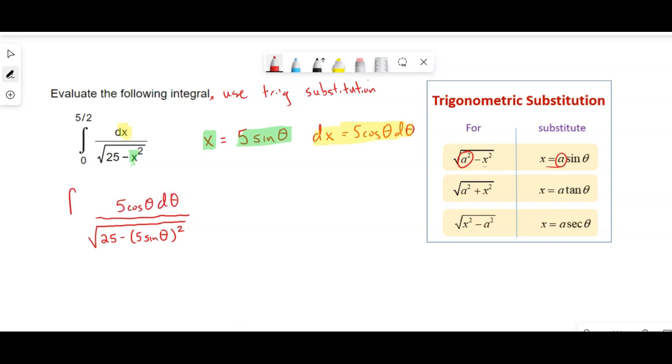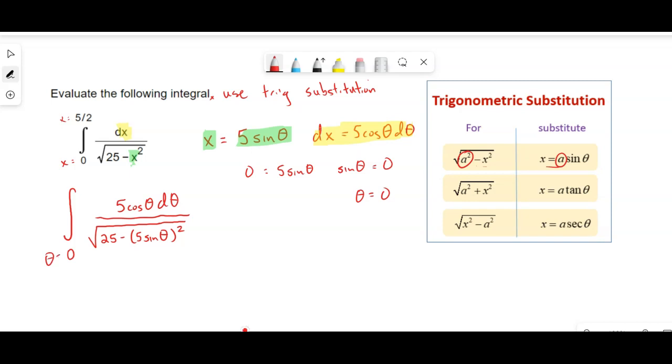And then the last thing that we need to substitute here are the variables. So x is 5 sine theta. These are x's, okay? This is x equals. So x is 0, so that means that sine theta is also 0. What makes the sine of theta 0? When theta is 0. So this lower limit is 0.